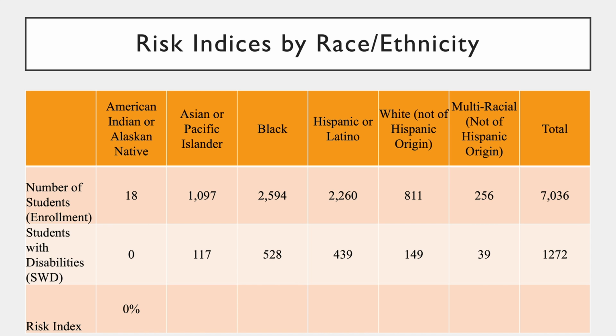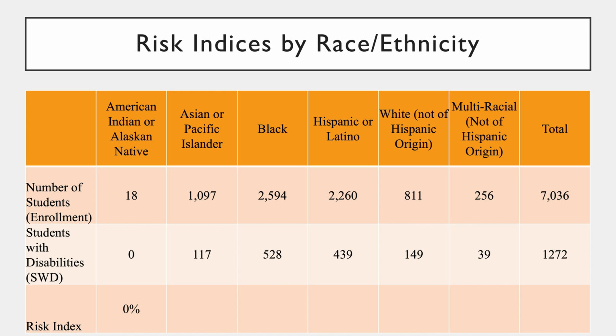The first row represents racial ethnic categories. The second row is the total number of students enrolled in the school district. The third row is the total number of students with disabilities by racial ethnic group. And the final row is the percentage risk index that's going to be calculated.